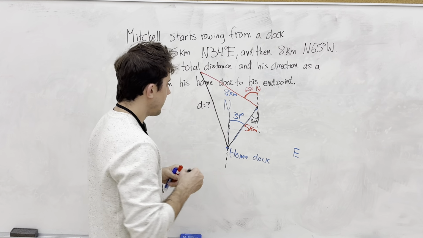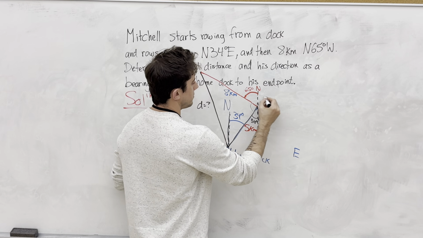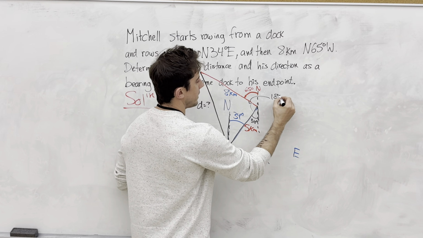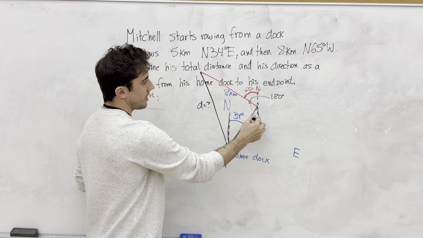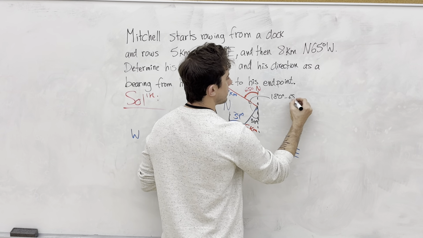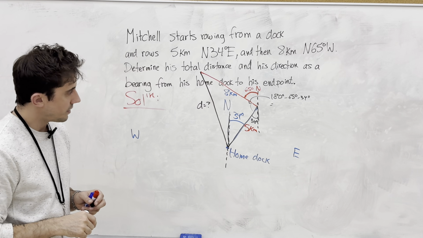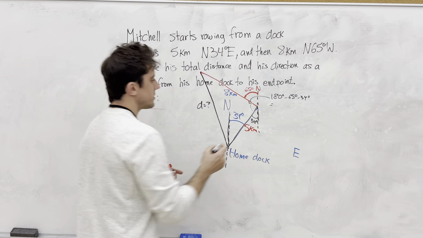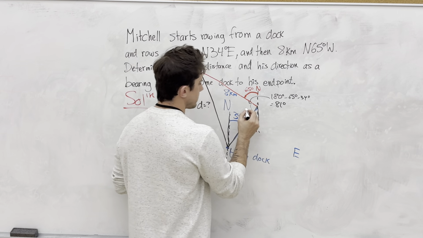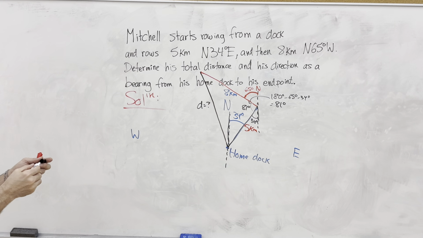And we're going to find that angle by, I'll make an arrow, 180, right? Because it's one side of a line, so it's 180 in total. Take away this one and that one. Minus 65 degrees, minus 34 degrees, which leaves us with 65 and 34 out of 99. And so that's 81 degrees in here, right?